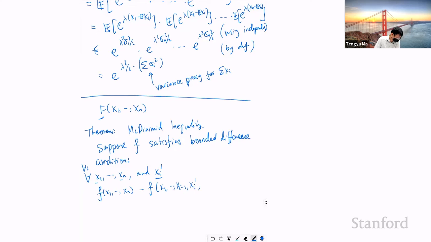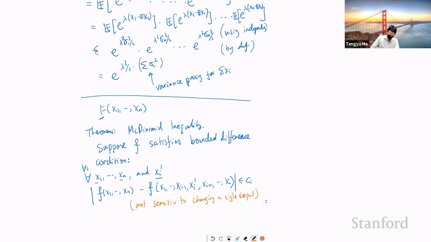So basically you replace one coordinate by something else, and you look at the maximum change you can make by doing this, and you assume that it is at most ci. So this is saying that the function is not very sensitive to changing a single coordinate of the input.